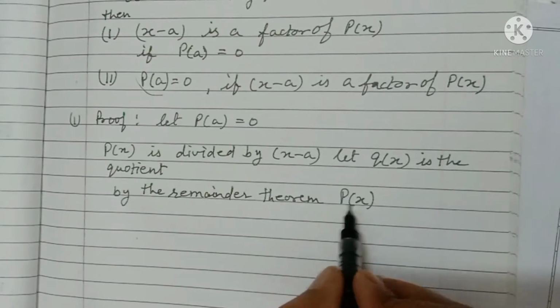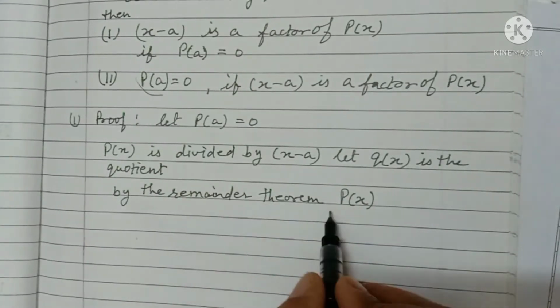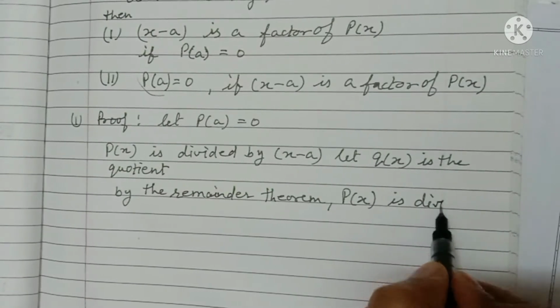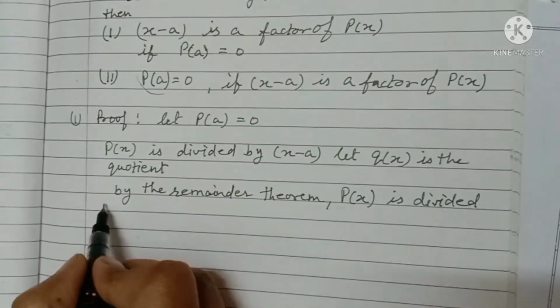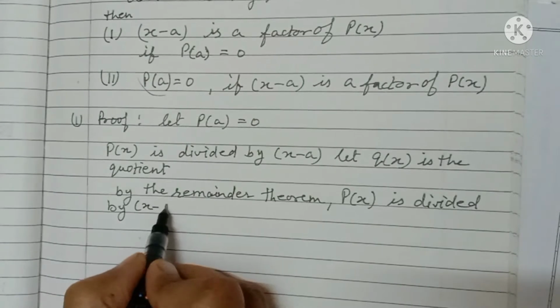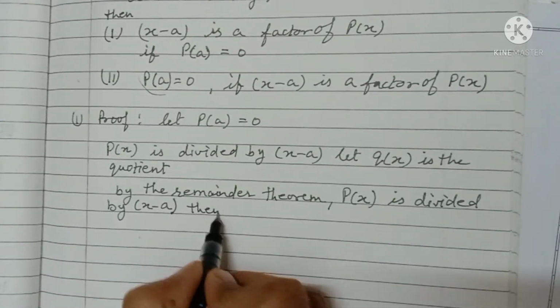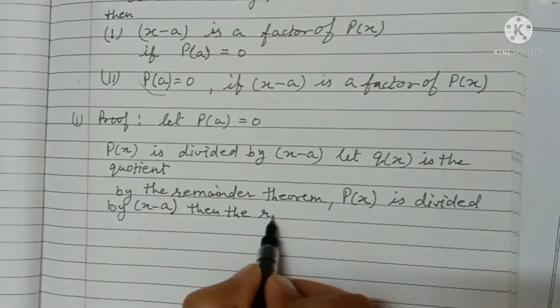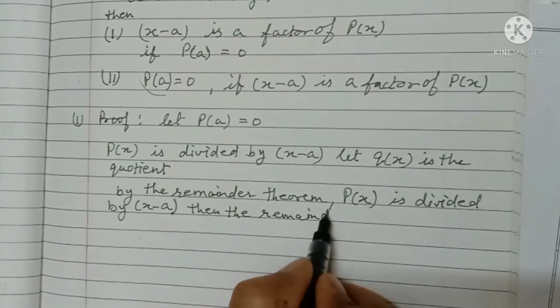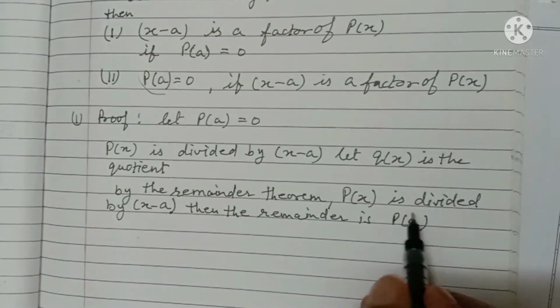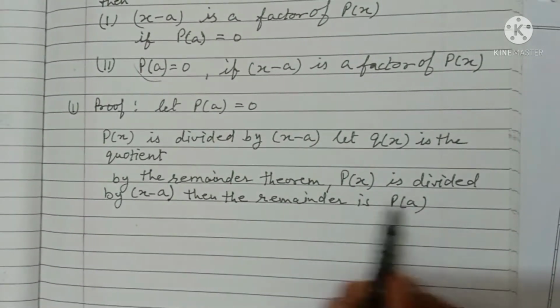Here we are taking p(x). By the remainder theorem, if p(x) is divided by x minus a, then the remainder is p(a). We have studied it in the remainder theorem.